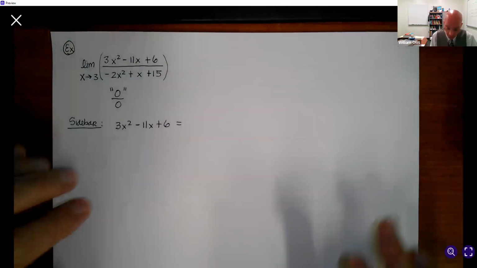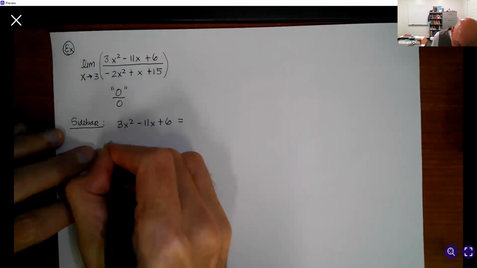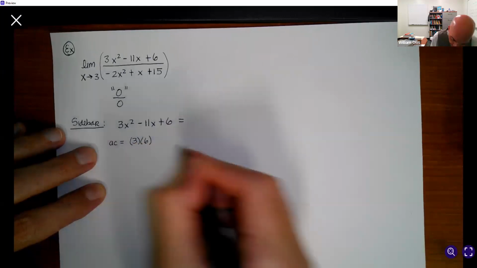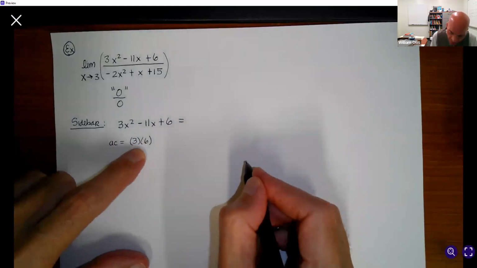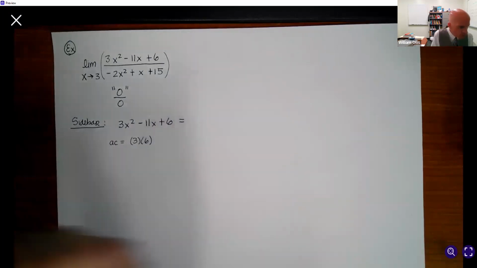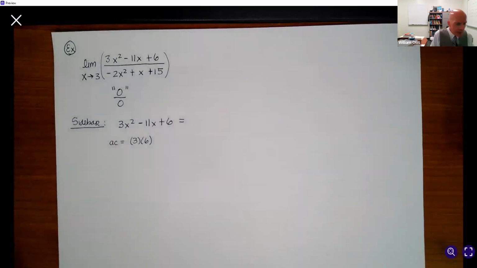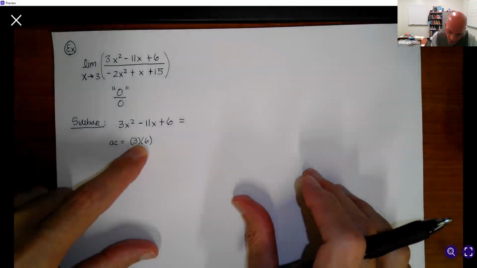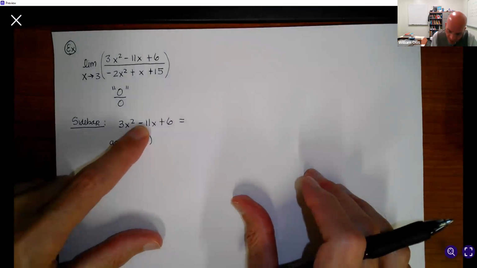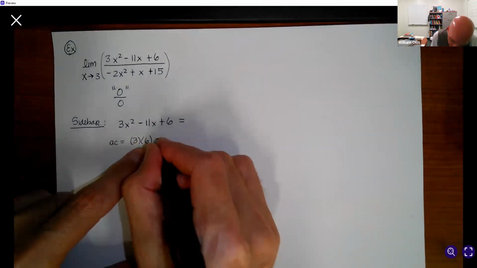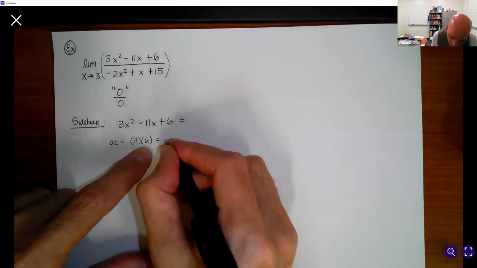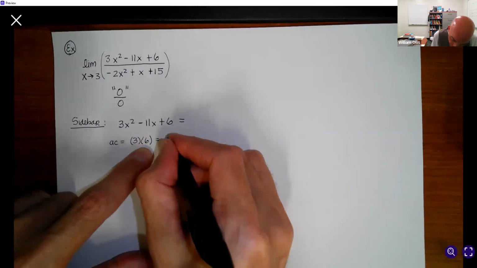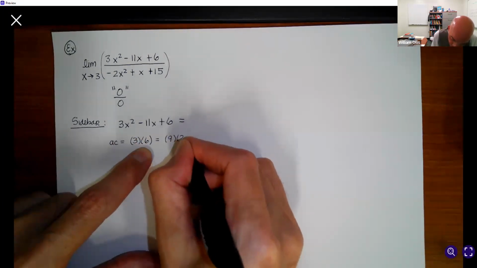So now we can look at this and say AC equals 3 times 6. And when we look at that, we're thinking, okay, it's not quite what we need. When you think about this particular example, if I add these two numbers, that's not going to give me an 11. So we just get a little bit creative. Let's do a prime factorization of the 6 and get a 2 times 3, and then put the two 3's together to give us a 9 times a 2.